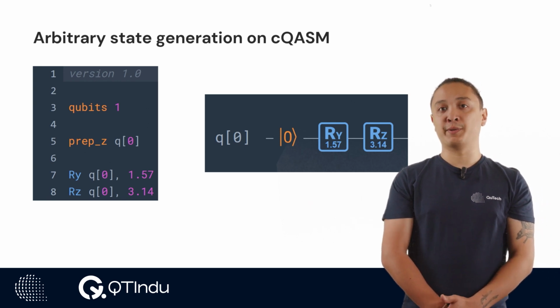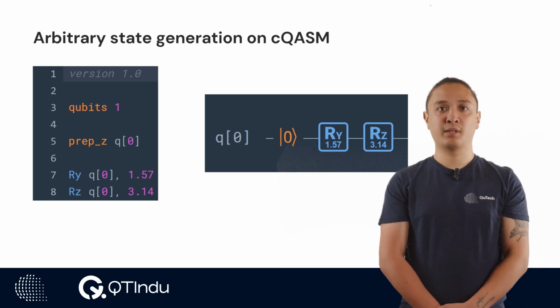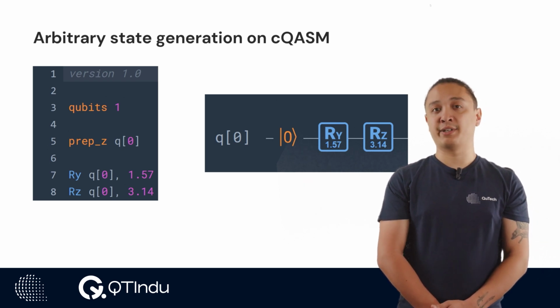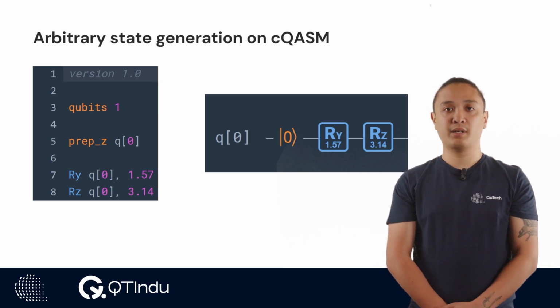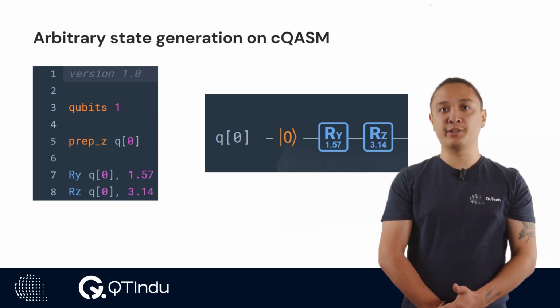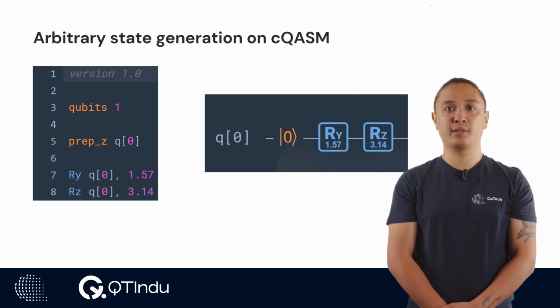We start off with specifying a single qubit and preparing it in the z basis. Then, in lines 7 and 8, we apply the arbitrary y and z rotation. First, we specify the qubit which this gate is acting on, and second, we must specify the angles in units of radians.